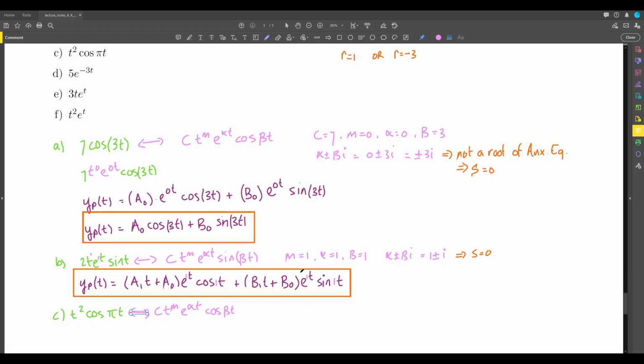Not worried about c, so let's take a look at what is m. That's the power of t, and we see that that is equal to 2. Then the alpha t, there is no e to the power here, so that means alpha equals 0. And then beta is the value in front of the t, and that's a pi here. So beta equals pi.